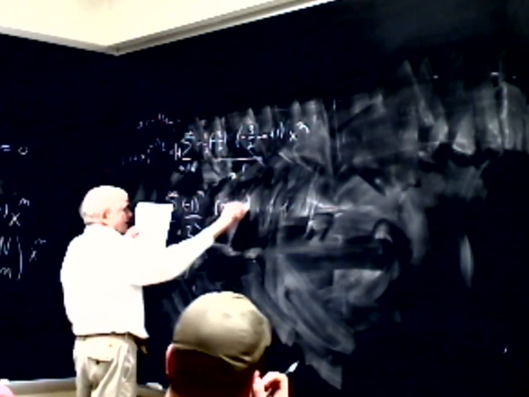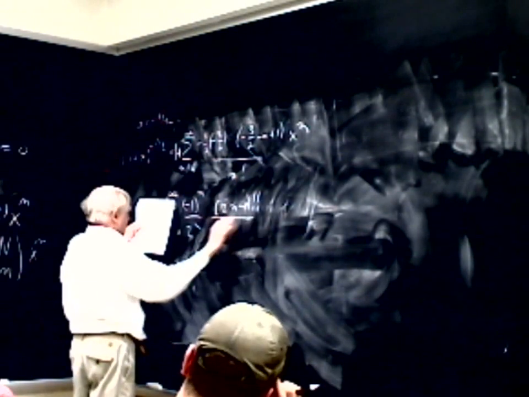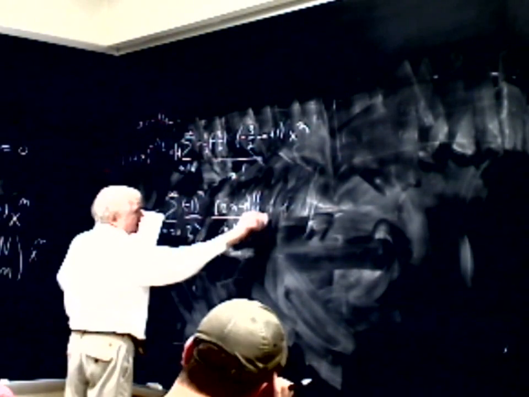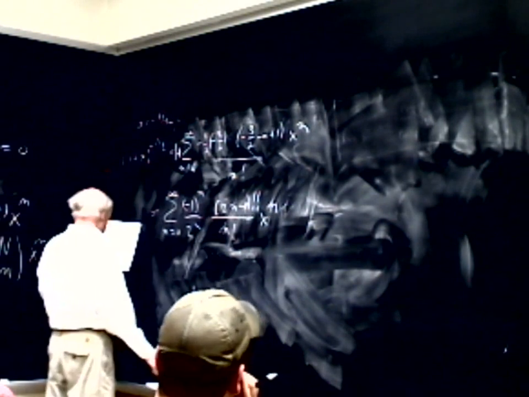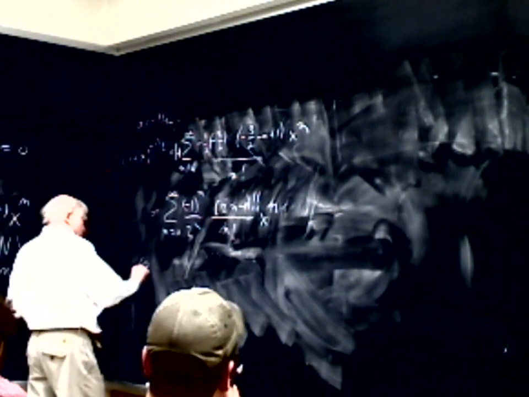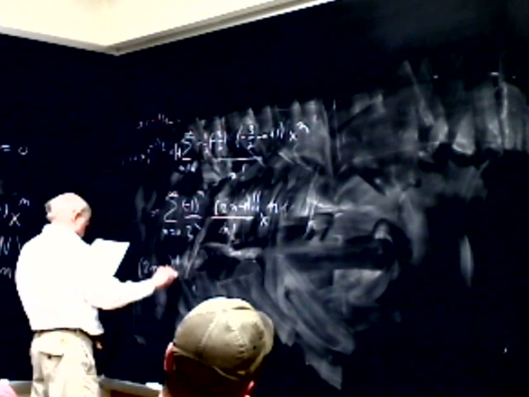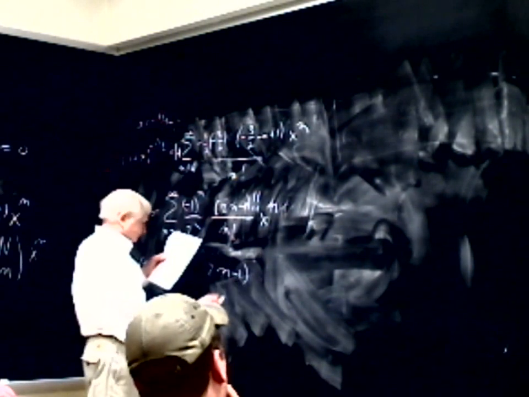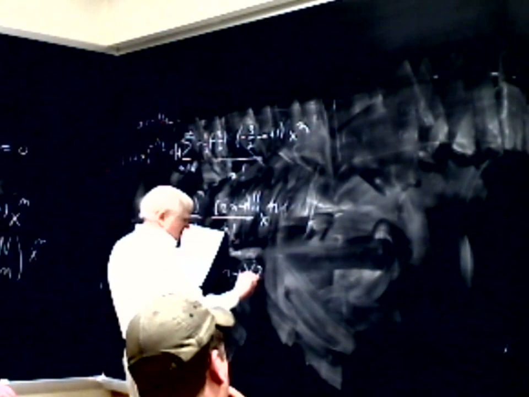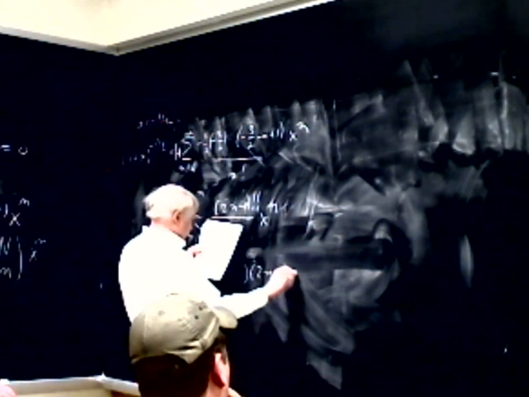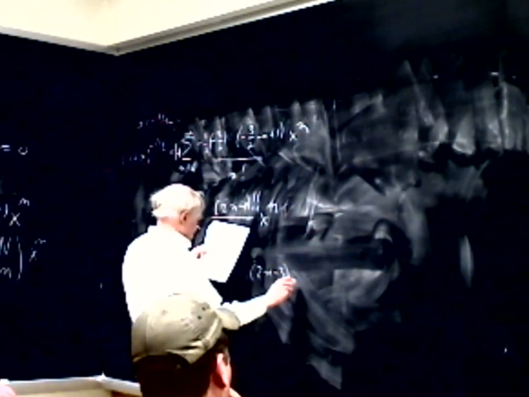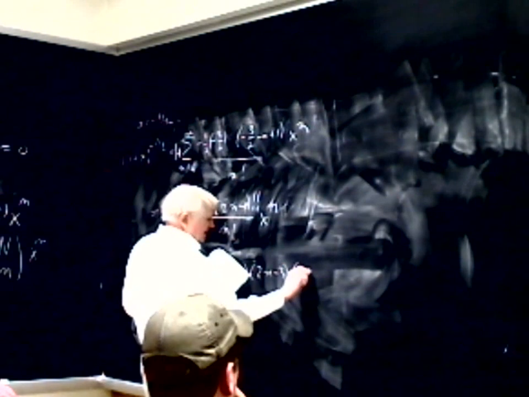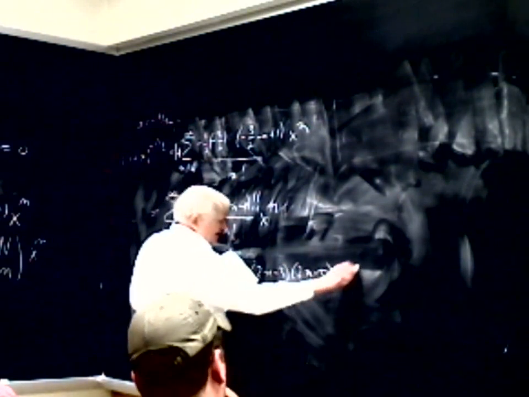(2n minus 1) double factorial over n factorial, x to the n. Here (2n minus 1) double factorial is (2n minus 1)(2n minus 3)(2n minus 5) dot dot dot, down to 1.